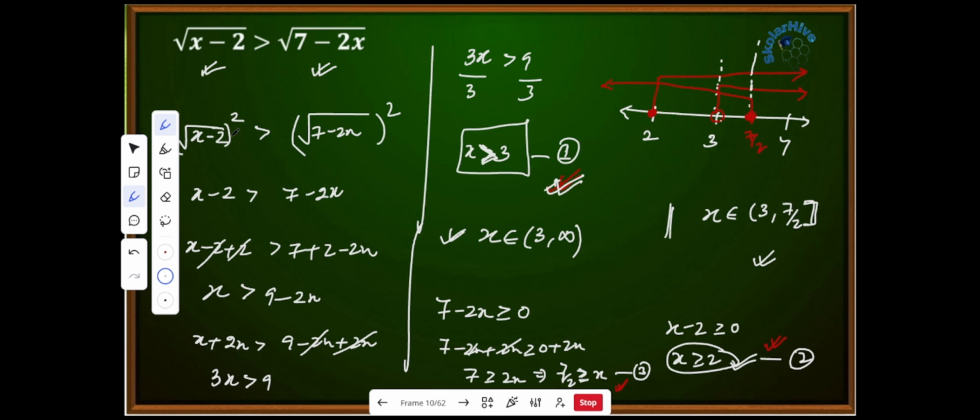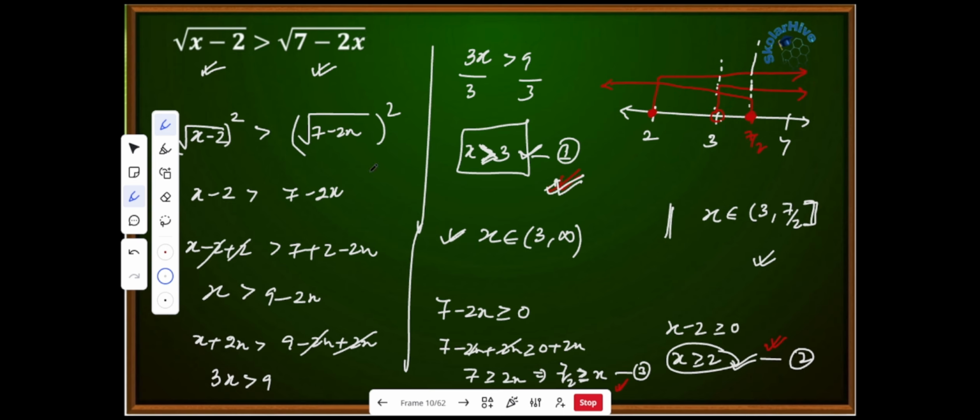By squaring both sides, using the elementary properties, we come up with this result. But we can't stop over here. We have to check that the inequality is defined. So what is the domain of this? For getting the domain of the square root, we have to take the expression inside the square root to be greater than or equal to 0.